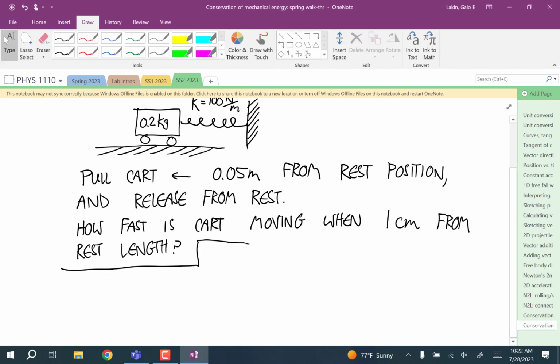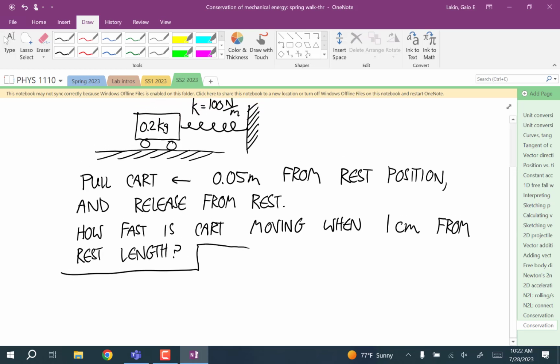Okay, so the first thing you have to do is think, does conservation of mechanical energy work for this? Remember that the kinds of forces we can deal with are weight, spring forces, normal forces in rolling and sliding, and centripetal forces in circular motion.